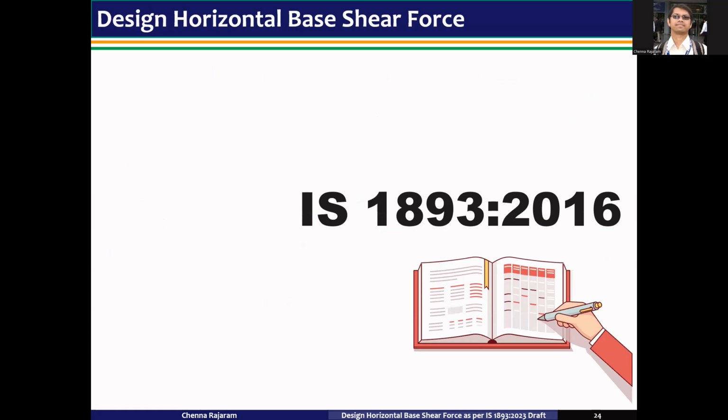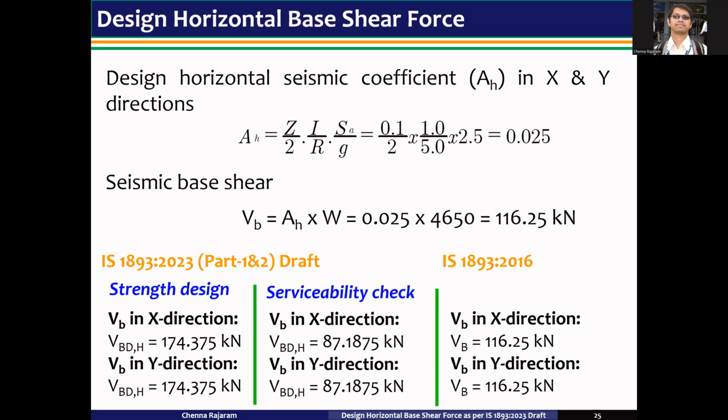Next, the design horizontal base shear force is calculated as per IS 1893 2016. Here you can see the design horizontal seismic coefficient AH, both in X and Y directions, is calculated as AH is equal to Z by 2, I by R and SA by G. In the IS 1893 2016 code for zone 2, the zone factor is considered as 0.1 divided by 2, multiplied with I, that is the importance factor, considered as 1, and response reduction factor R is 5 and SA by G is 2.5.